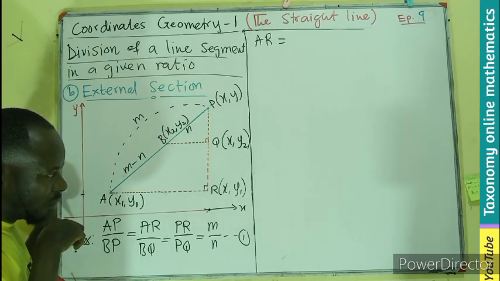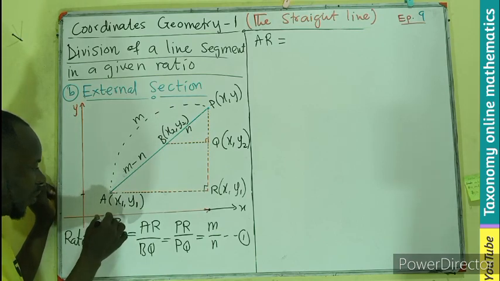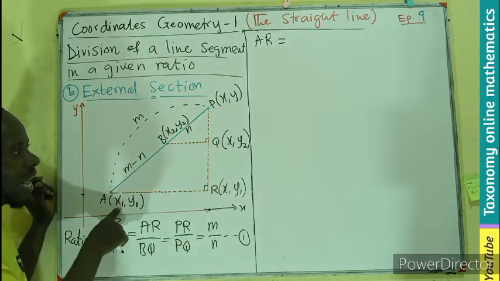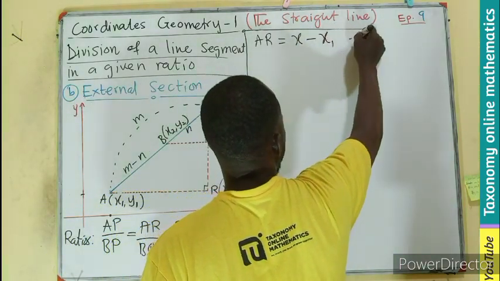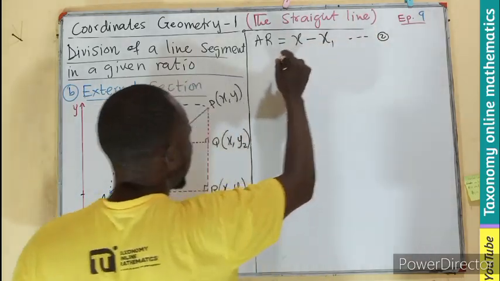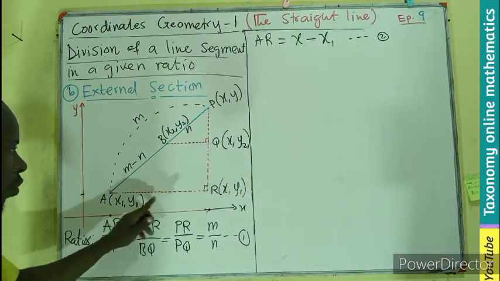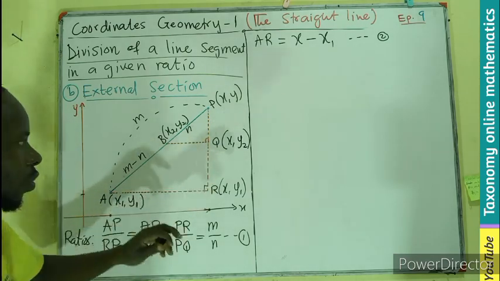If that is out of the way, then the x value here minus the x value here. What is the x value here? x minus x1. So I have x minus x1 as equation 2, representing AR, horizontal. What about BQ? BQ, horizontal.